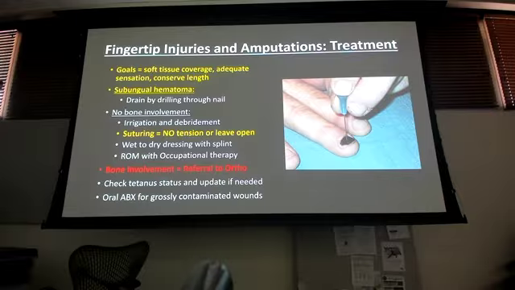But the principle of all these fingertip injuries and amputations is to figure out what's wrong first of all, and to come up with a goal of having soft tissue coverage. You got to be able to cover those things. You want to try to return adequate sensation, and whenever possible, you want to conserve length, right? Your ability to do this is important, correct?